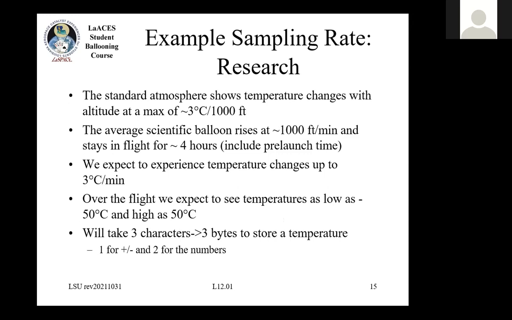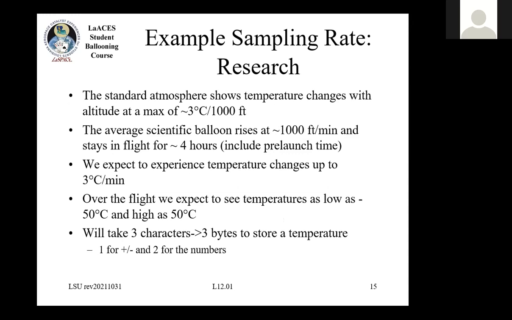All right. So you have to do some research, right? You have to look at, okay, what are the sort of changes that I'm going to see in an atmosphere? Because if you just say, well, I don't know, you'll basically be randomly picking a set of ranges, and you may get lucky, but it may be that you'll pick a value and then you basically max out your ADC in the first 5 minutes of flight.